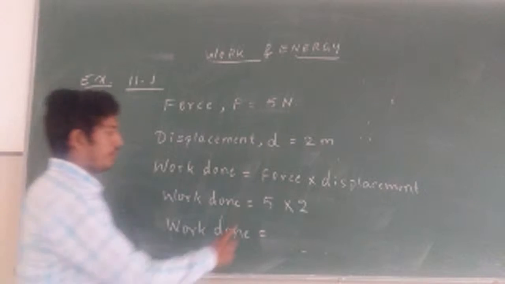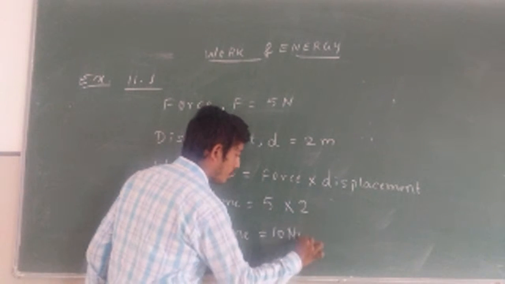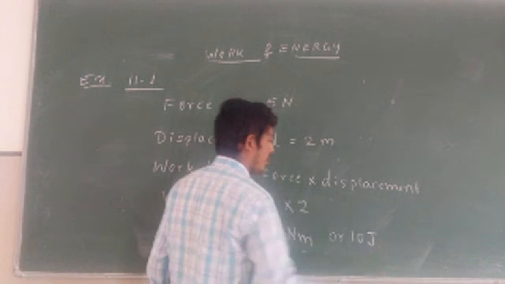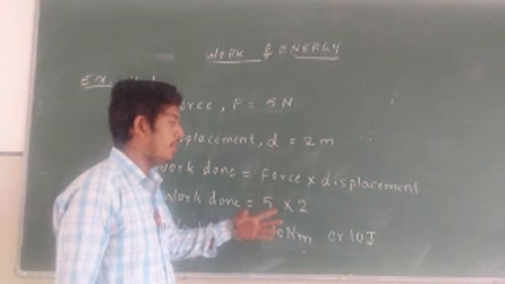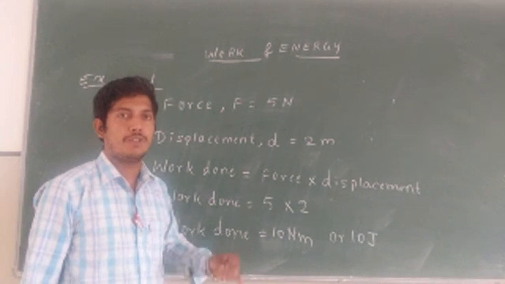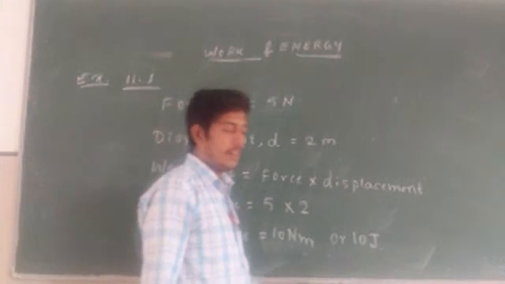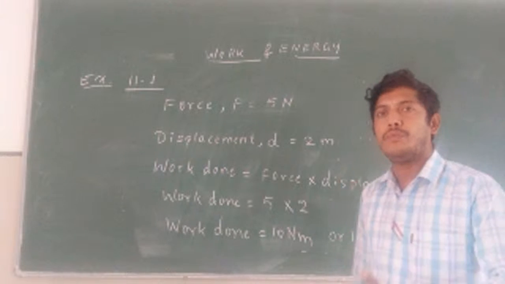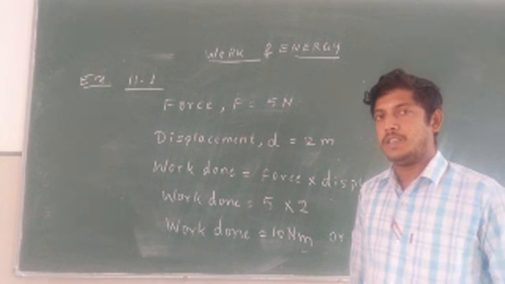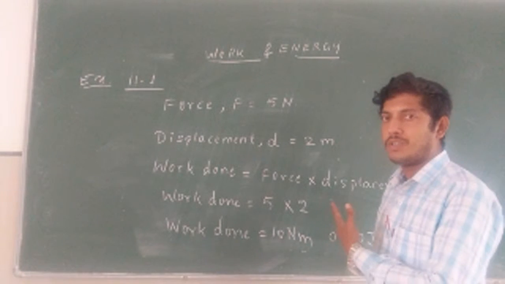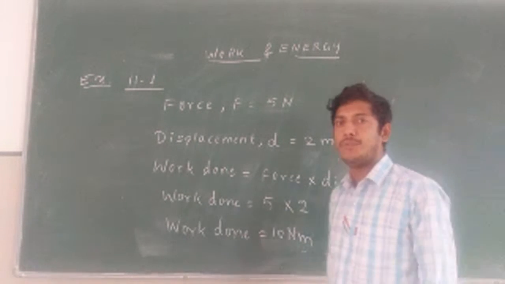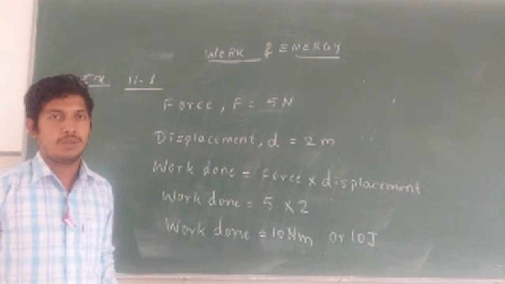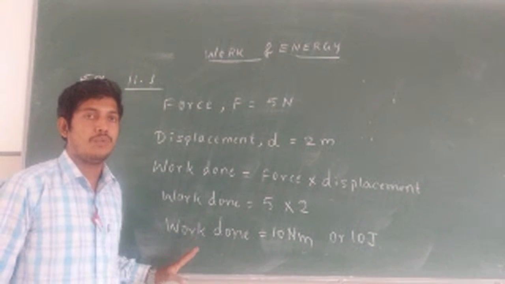That is 5 into 2, which is 10 Newton meter, or we can write 10 joule. We use capital letter J for joule, which is the SI unit of work. Work done is the product of force and displacement, and by substituting the SI units we get the SI unit of work done as Newton meter, which in general is known as joule. Therefore, the SI unit of work done is joule.